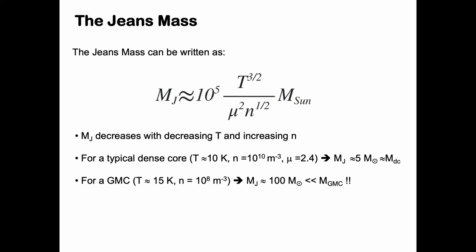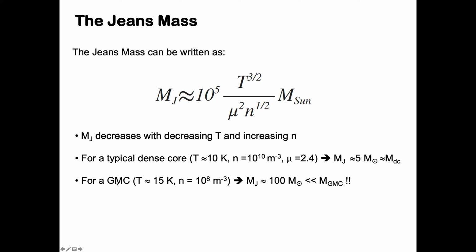The mu is 2.4, as I already said. So this translates to a Jeans mass of about 5 solar masses. Actually, this is not so different from what we measure for these dense cores that we find in, say, nearby clouds. So it's probably a bit higher than on average, but it's not too far off.